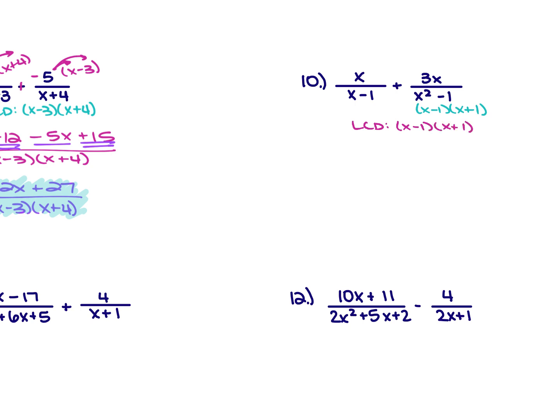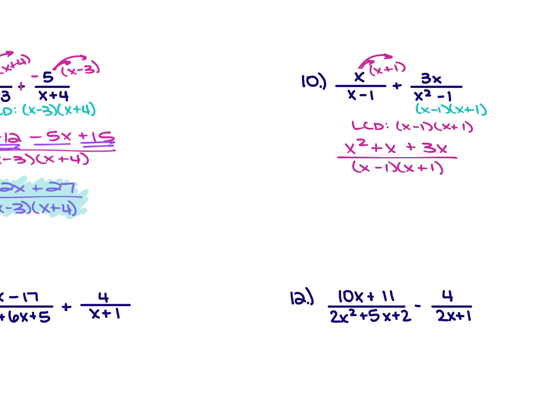Your first fraction's denominator is missing the x plus 1, so multiply that x by x plus 1 and distribute it in. The second fraction is going to stay the 3x over the x minus 1 times x plus 1. So this is going to multiply out to give you x squared plus x plus 3x up top, all over x minus 1 times x plus 1.